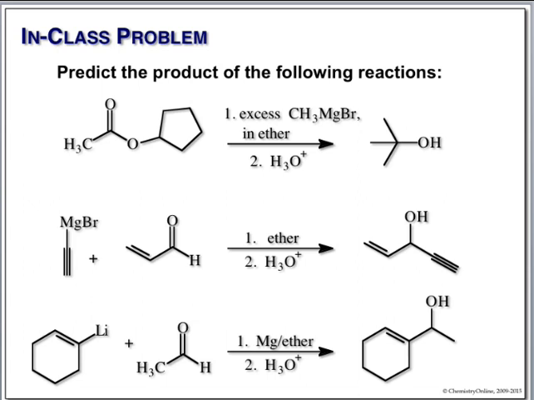We can do a Grignard reaction, or we can do alkyl or vinyl aryl lithium additions. Those are the ways we now know to make alcohols. Once we have an alcohol, what do we do with it? Hence, we have reactions of alcohols now.